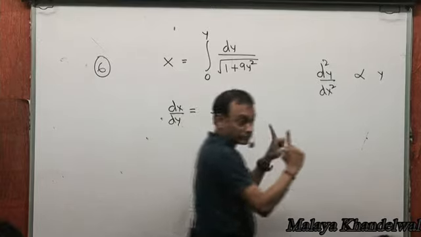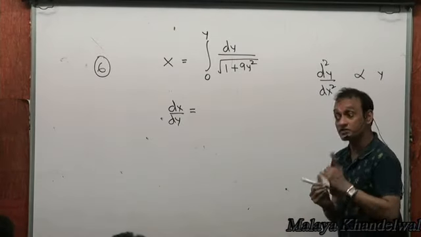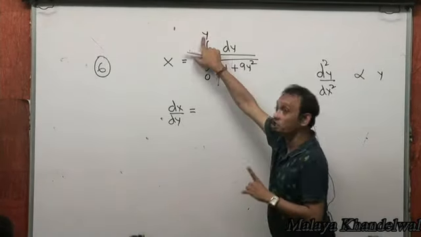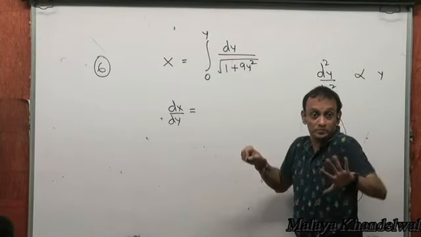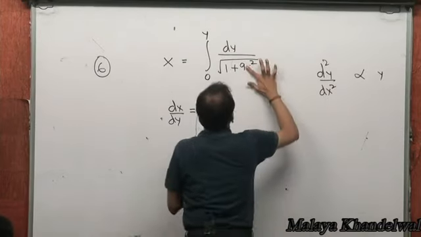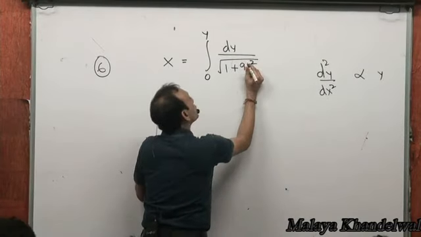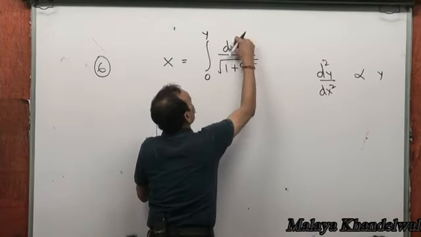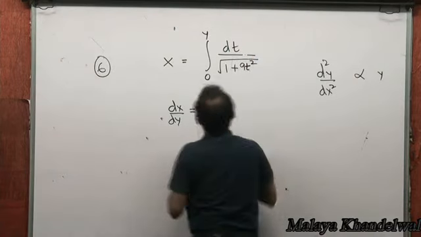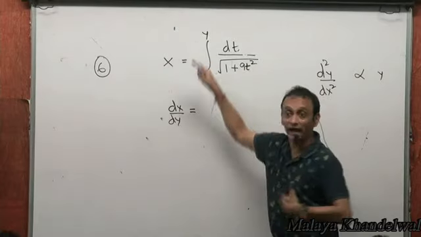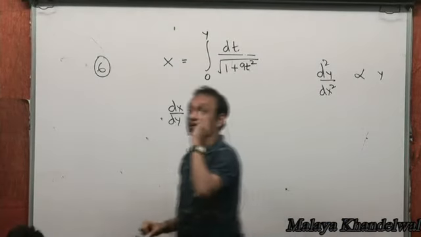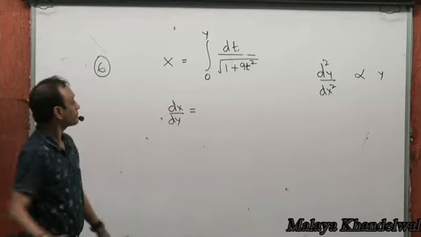By the way, again, draw that sense of distinction. This y is not the same as this y. Just to make sure that you know, to avert any accident, let me call it 9t squared and dt, so that you don't fall in the trap of assuming that this y and that y are the same. I've mentioned that very explicitly to you, right?